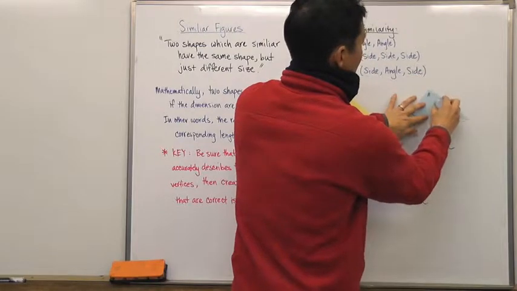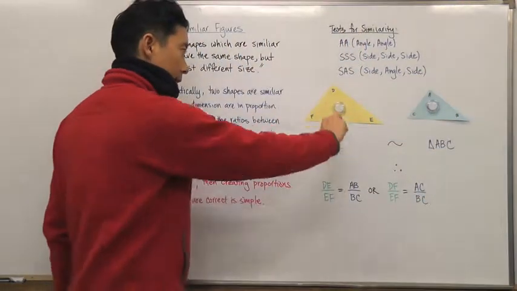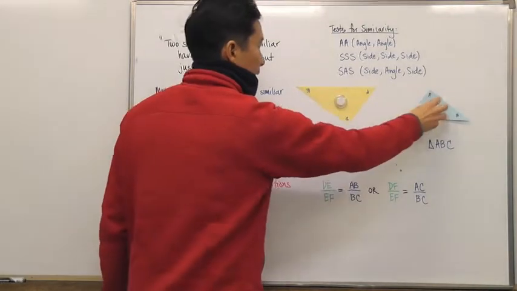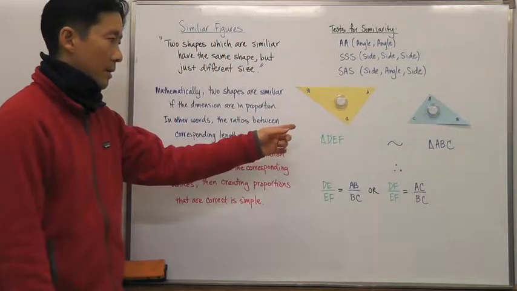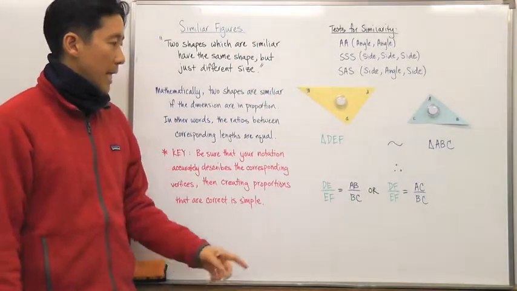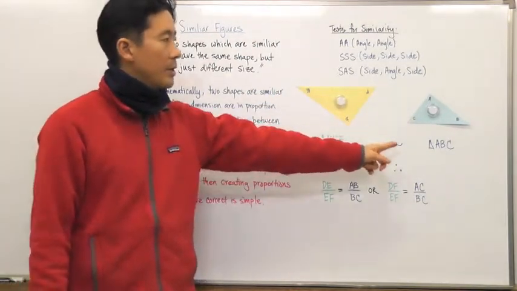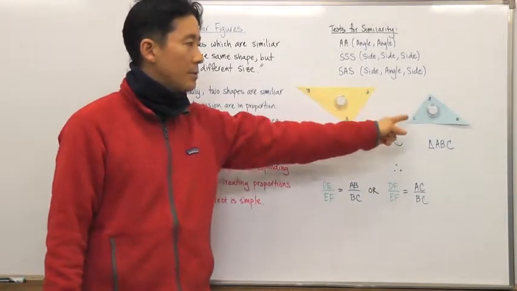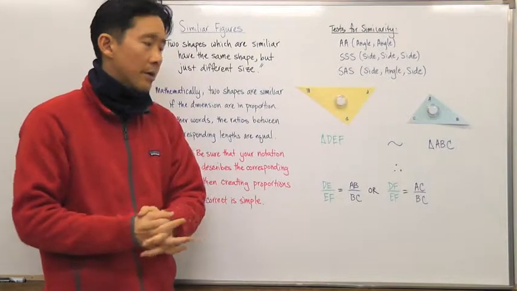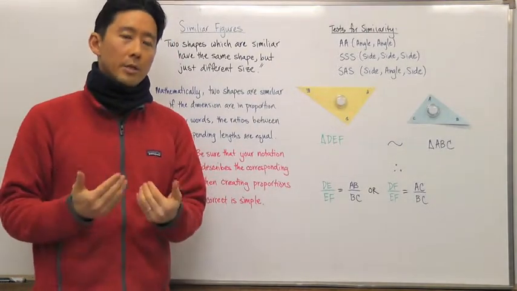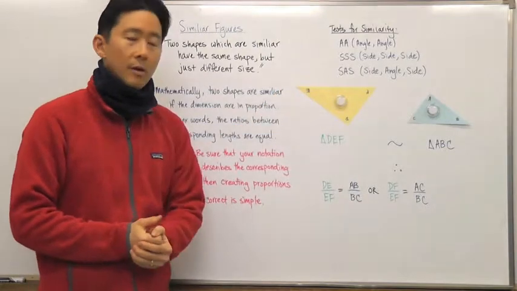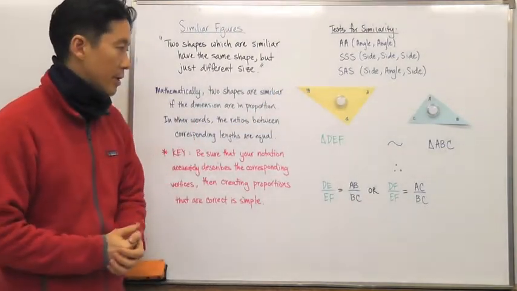So even though I switch this around like this, let's say like that and like that, the notation that you use to describe the similarity between these two figures, regardless of the way that they're juxtaposed to each other, is going to allow me to create the proportions that I need to show that these two figures are in fact similar to each other.